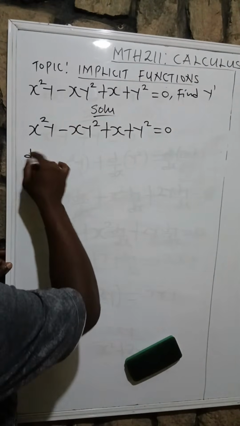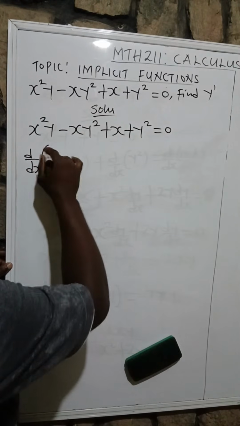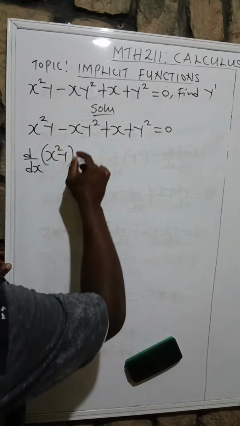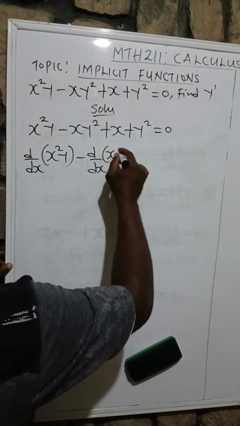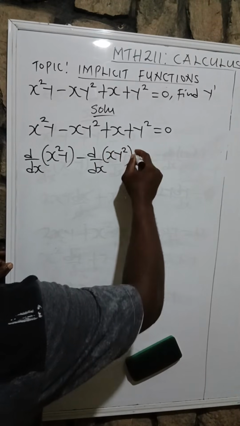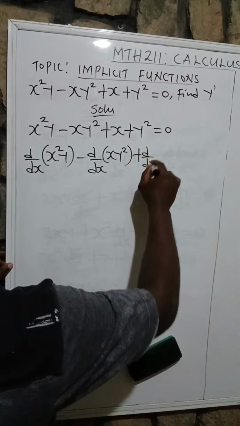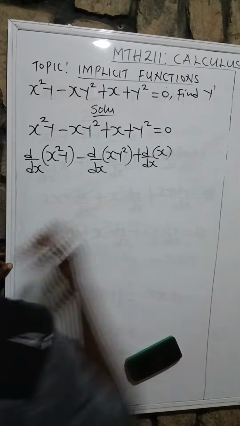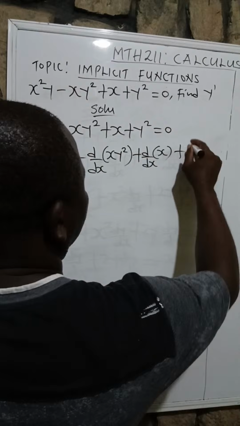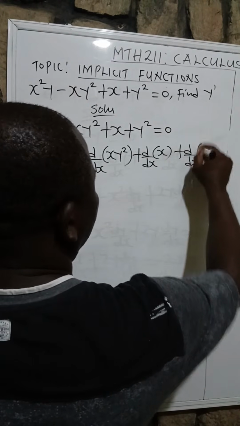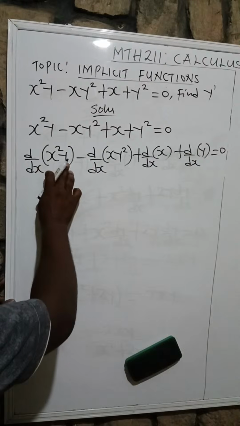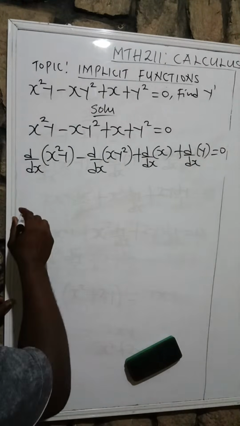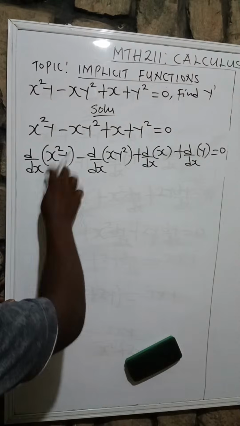So here will be d over dx of x squared y, minus d over dx of xy squared, plus d over dx of x, plus d over dx of y squared, equals what? 0. Do you agree with me? So let's differentiate this. We hold y, differentiate x squared. We are going to have 2x multiplied by y.